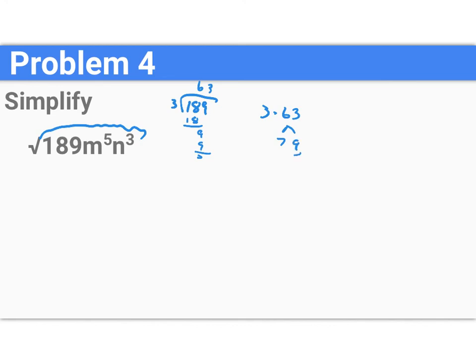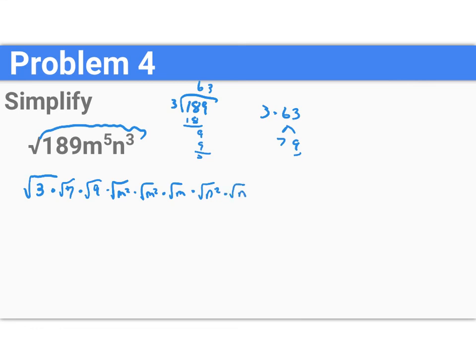So now what I'm going to do is write all of these squares out. So we have square root 3 times square root 7 times square root 9, because that makes up 189, times m squared times square root of m times n squared times n. And let's see what pops out.